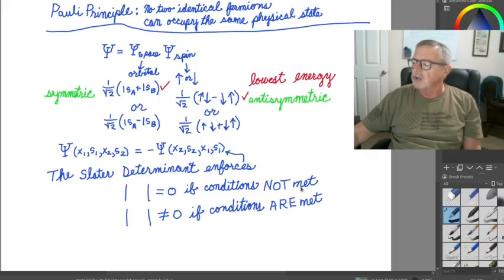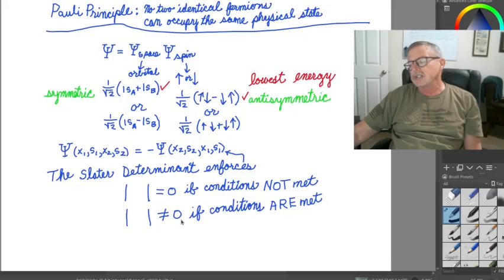That is not going to happen because it doesn't satisfy the Pauli principle. If it's not equal to 0, I'm not saying exactly what it is equal to, but if it's not equal to 0, then the conditions are met.